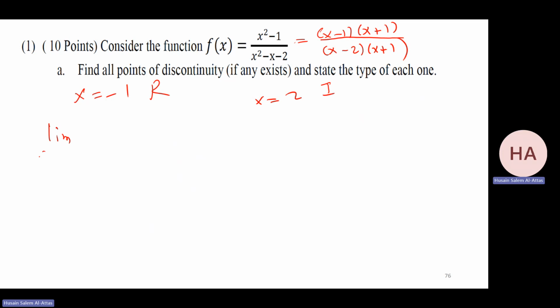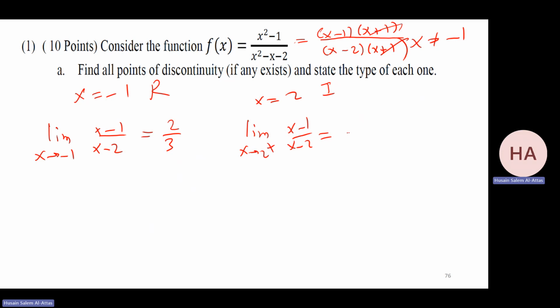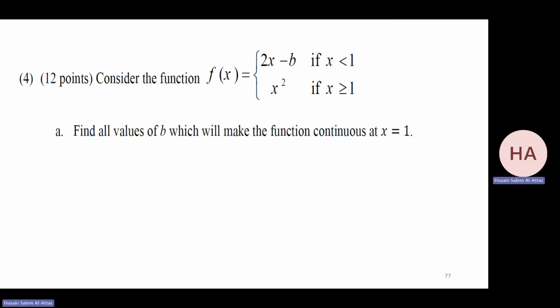Here the limit as x goes to minus 1: this is cancelled at x not equal to minus 1. I said x minus 1 over x minus 2, and that will be 2 over 3. Here the limit as x goes to 2 from the right: x minus 1 and x minus 2 will be positive, that will be plus infinity. So I have infinite and removable.